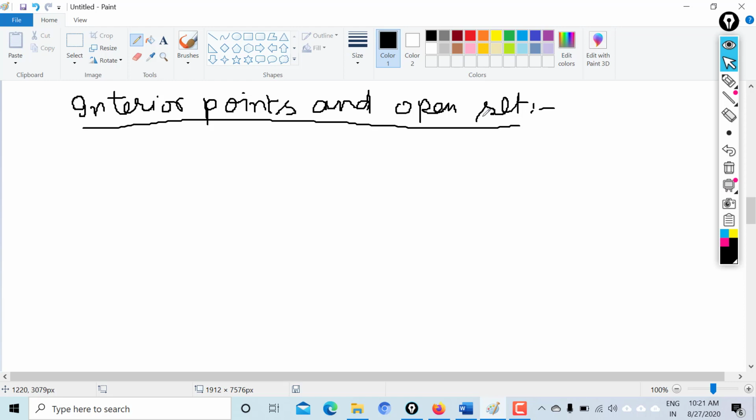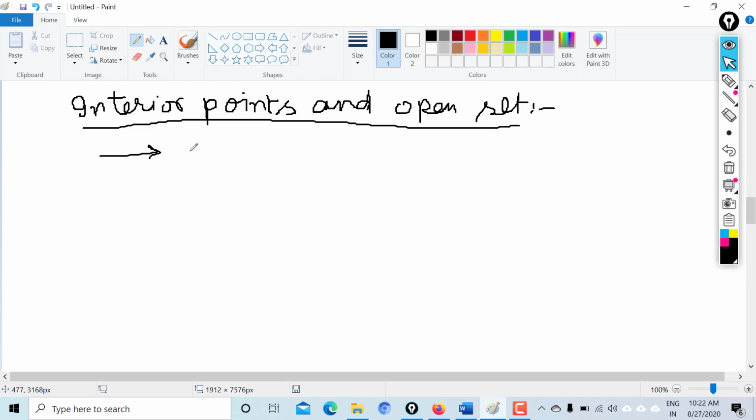A point X is said to be an interior point of the set S if there exists an epsilon greater than 0 such that the neighborhood is a subset of S.